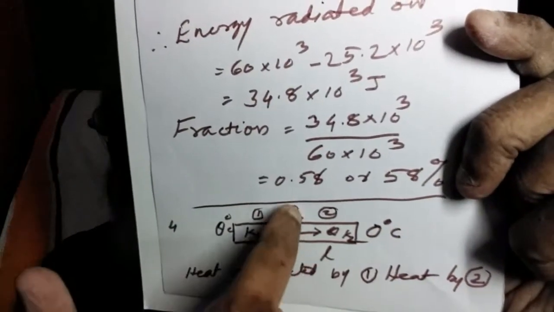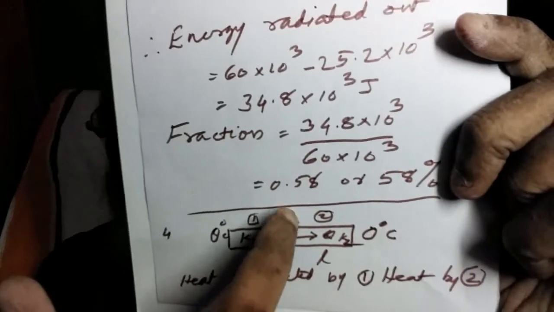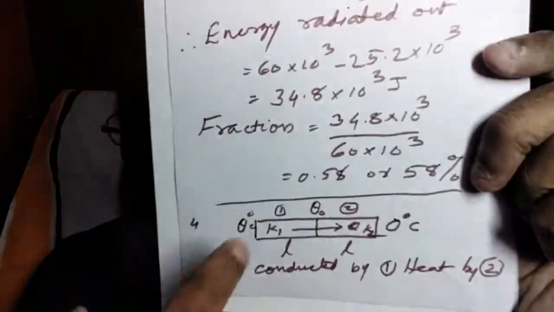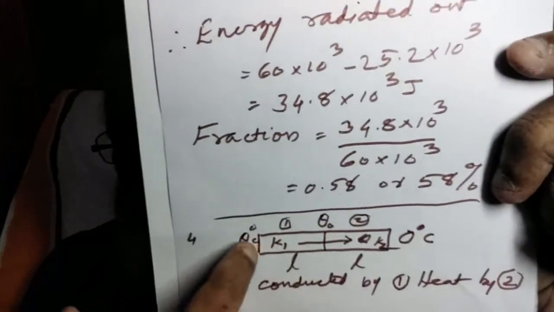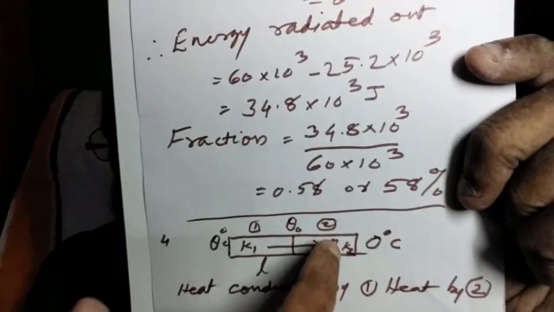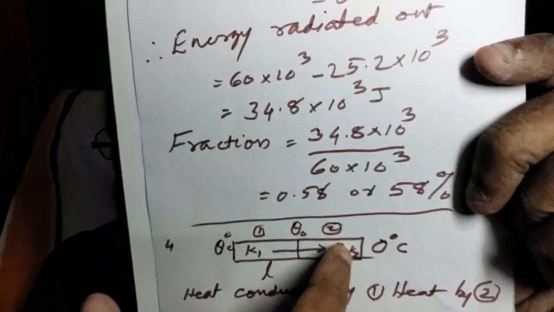Let the temperature of the joint be theta 0. At the steady state, since heat cannot stop, it is flowing by conduction. So heat conducted per second by this bar must be equal to heat conducted by this bar per second.